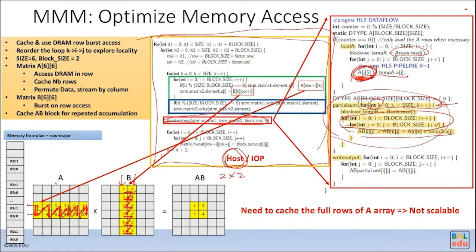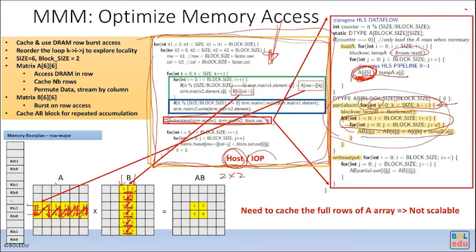In here, this is a host program. If you want to make the full matrix a kernel function, you have to turn this host code, this part of the code, into the kernel function. In this case, this part will become the IOP, the IO processing for the memory IO access.